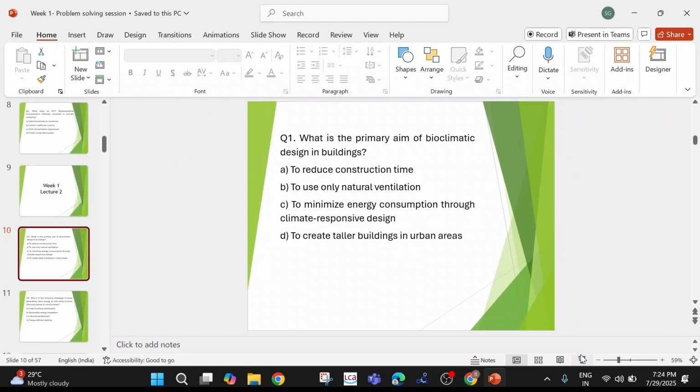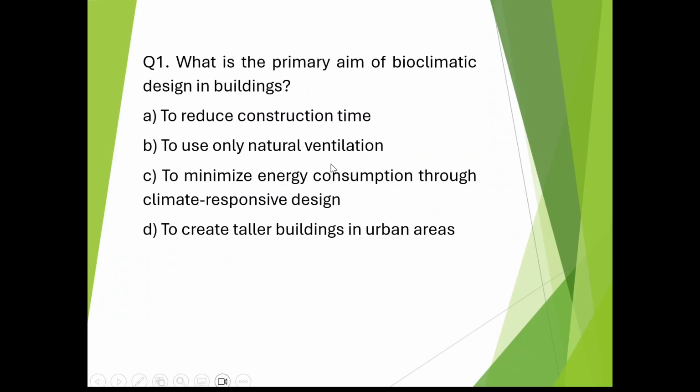I am presenting the question again, and all the answers that I have received for this particular question are absolutely correct. This option C is the correct answer for this question number 1. The primary aim of bioclimatic design in buildings is to minimize the energy consumption through climate responsive design.